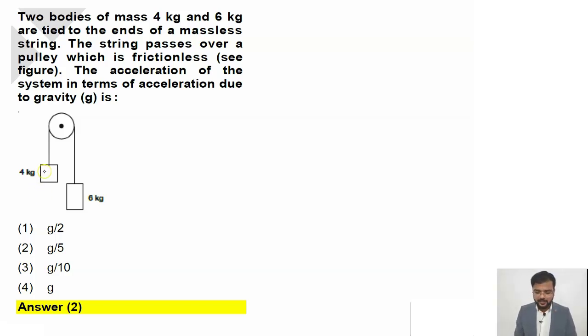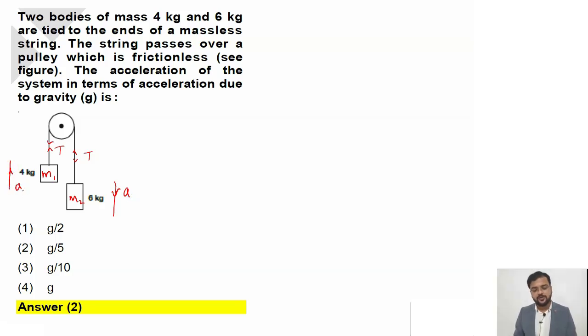Let's suppose the mass of this is m1 and the mass of this is m2, and the tension over here is T and the tension over here is T. It is the same string, so the tension will also be the same. We know that already. So what is asked? The acceleration of these masses.